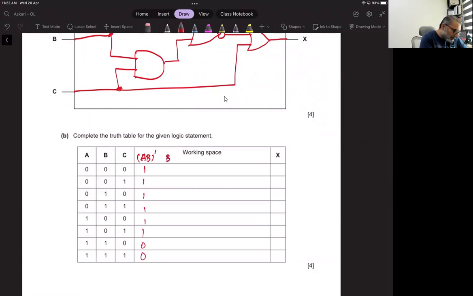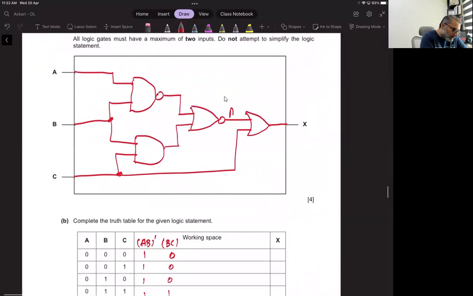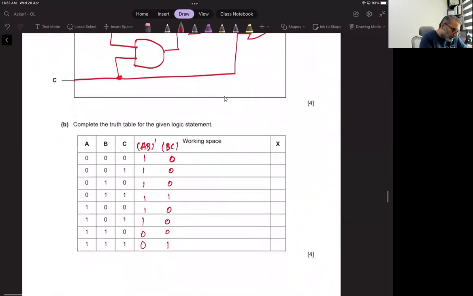Then B and C. B and C will be 0, 0, 0, 1, 0, 0, 0, 1. And their NOR, let's say we call it M. 0, 0, 0, 0, 0, 0, 0. Sorry. 1, 0. 1.